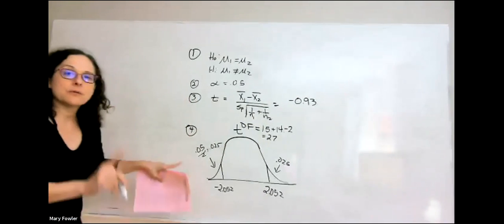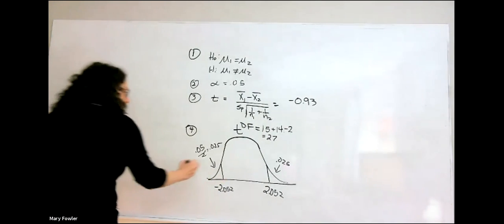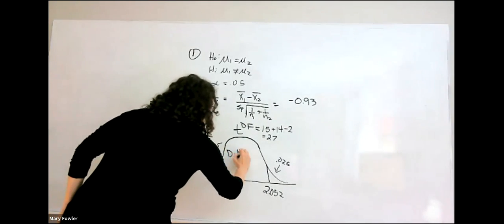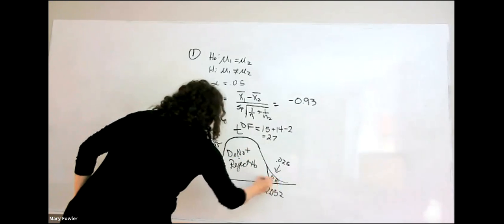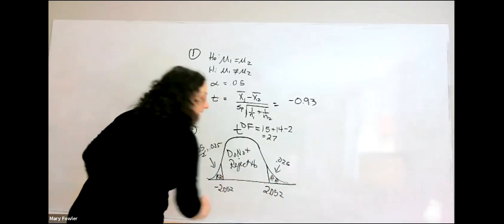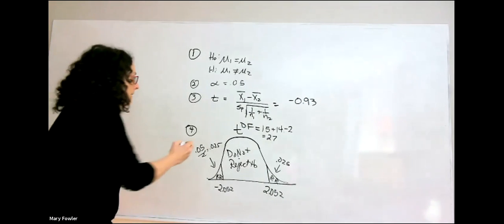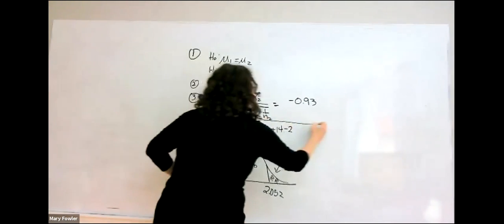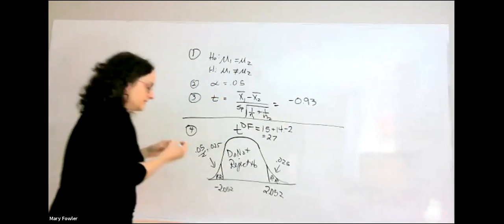Okay, so now I want to label the rejection, non-rejection regions. So the middle is the do not reject the null hypothesis region, and then the tails indicate the rejection regions. Okay, so let's just look at what we have in step 3.